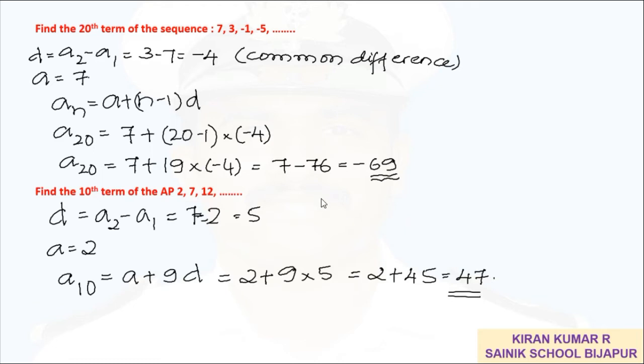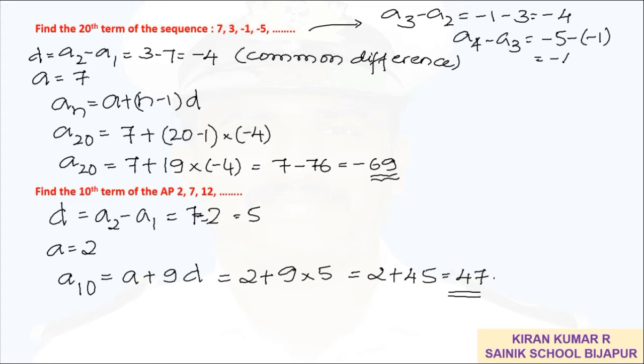Here in the previous question, I forgot to tell you whether it forms an AP or not. For that, you have to see a3 minus a2, which will be minus 1 minus 3, nothing but minus 4. a4 minus a3, nothing but minus 5 minus of minus 1, we get it as negative 4.